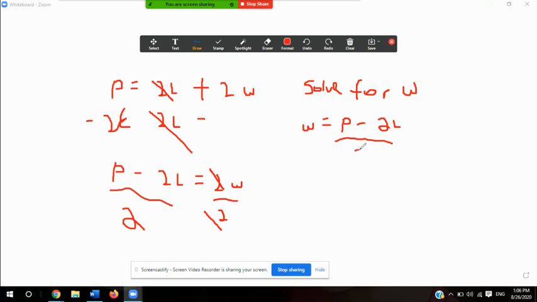The other part of the problem says, now that you solved for W, tell me what the width would be if the perimeter, or P, equaled 44 and L equals 12.